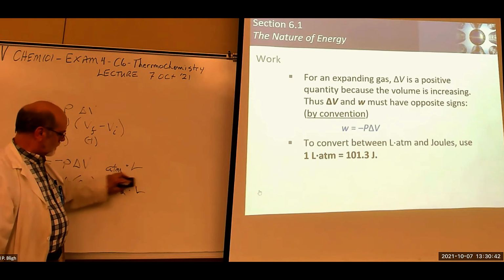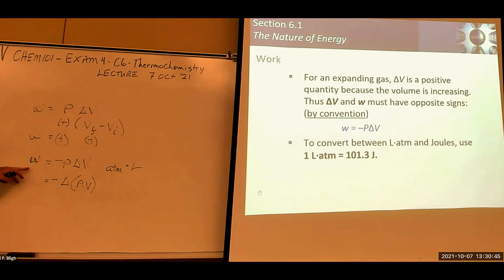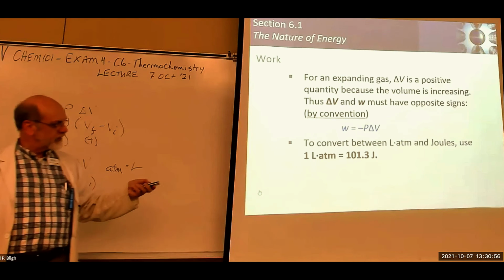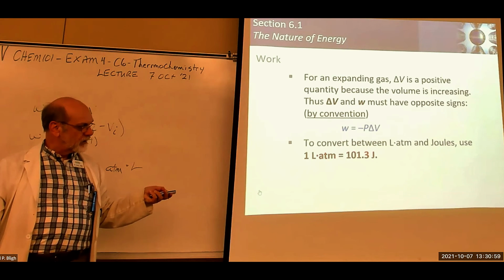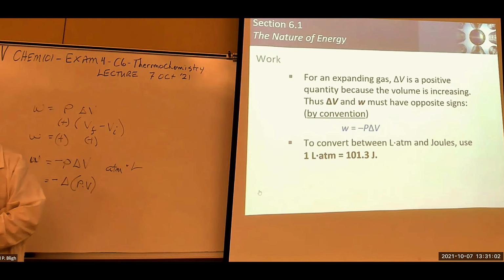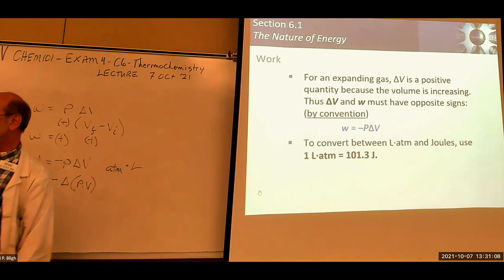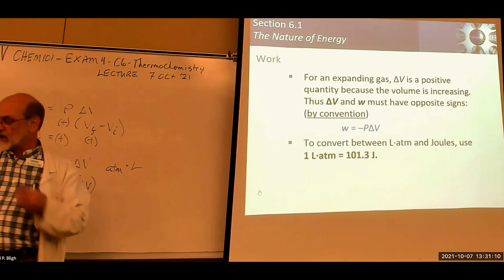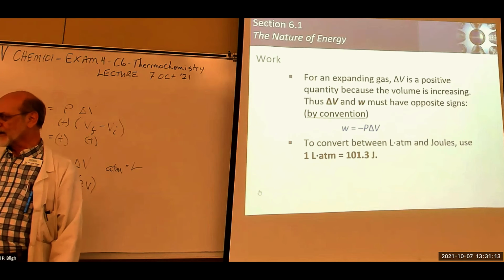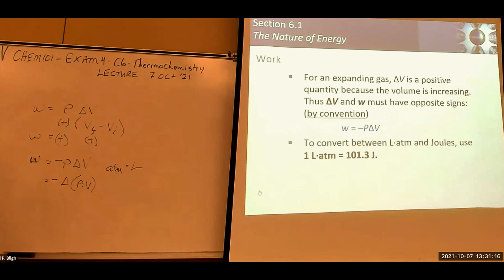So 1 liter atmosphere, if we want to convert this to a measurement that is useful in other calculations, we need joules. So once we calculate the liter atmosphere value here, we need to use this equivalence to convert to joules, right? And whenever you have an equivalence, same rule as from the first day we started this class, you have a conversion factor. That value is useful information. So you don't have to memorize it. Unless you want to.